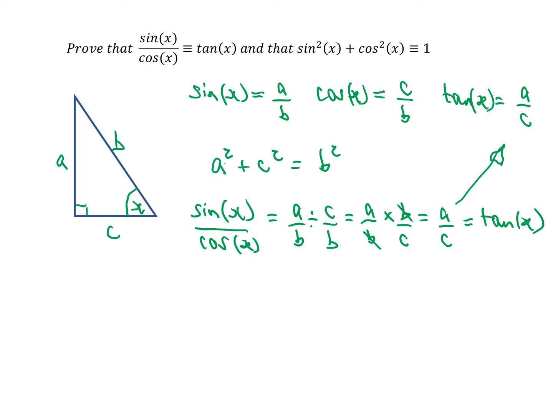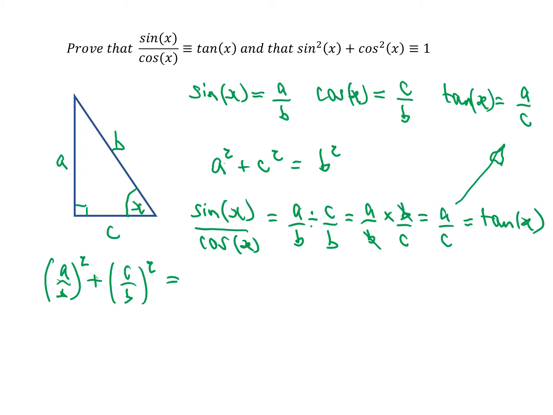Sine squared x plus cos squared x is identically equal to 1. So sine squared x, basically what is that? That is sine x all squared. So that's A over B all squared plus cos x squared, which is C over B all squared.